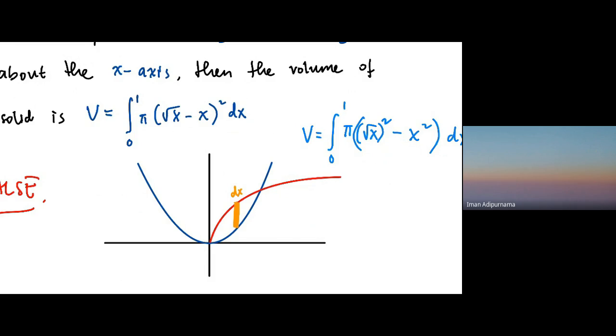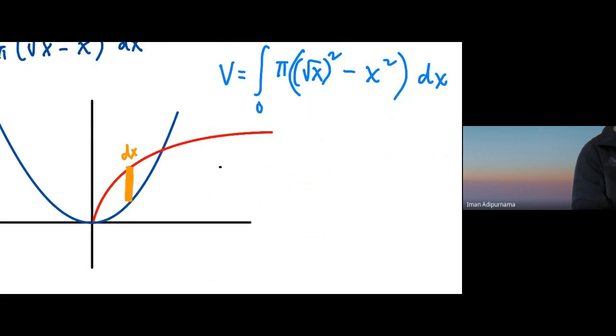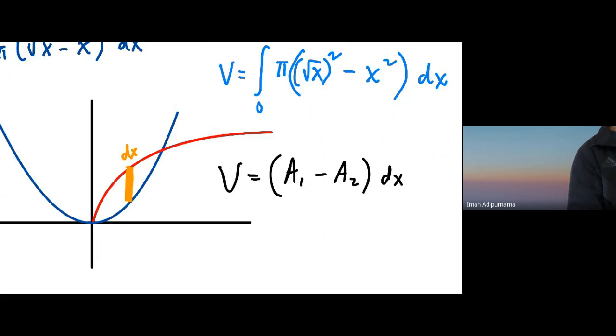So the correct answer should be square root of x squared minus x squared. In terms of the area, it should be area 1 minus area 2, and then multiply with the height, which is the dx.